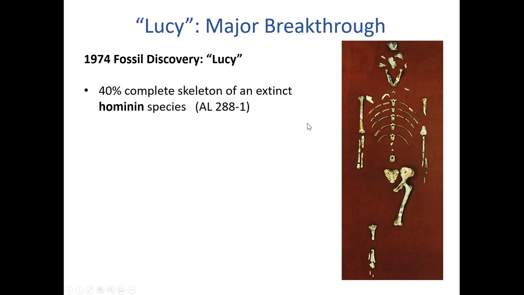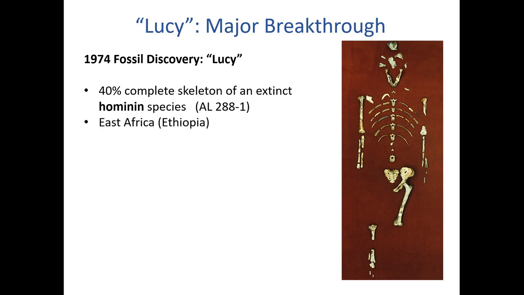And basically why this was such a major breakthrough is not only the very old age of the skeleton, but also how complete it was. So it wasn't uncommon to find skulls or maybe a femur of one of these basically ancient extinct species. But to have a skeleton this intact and this complete was really, really surprising and really impressive.